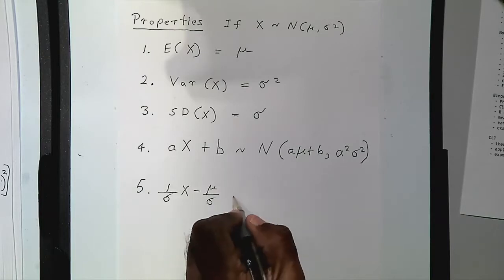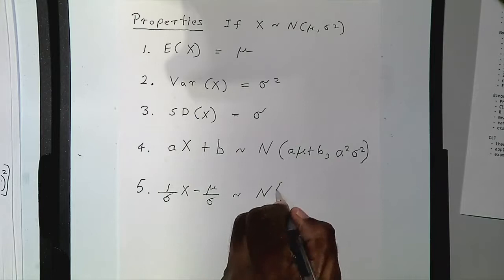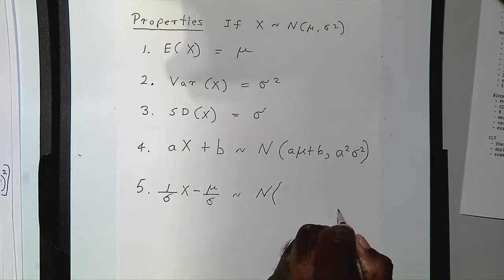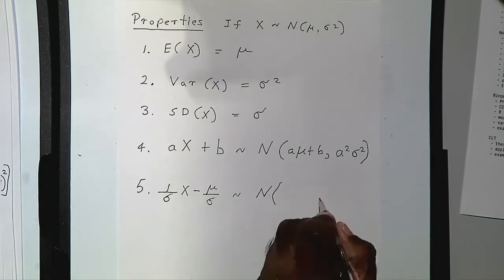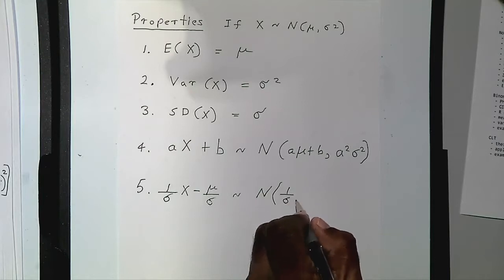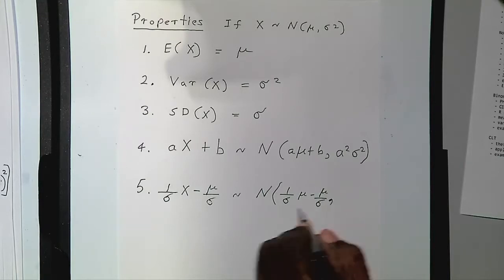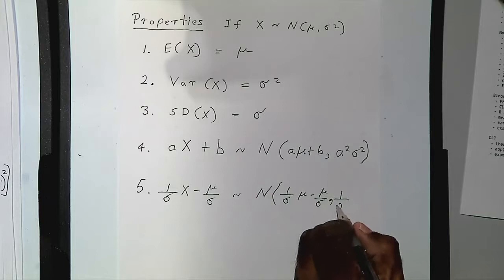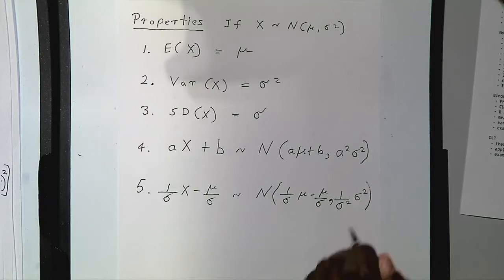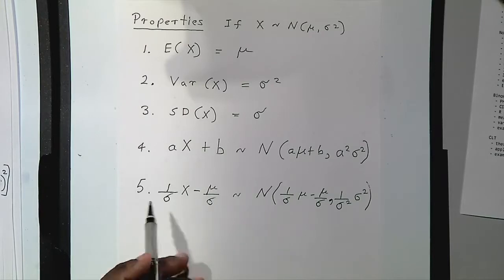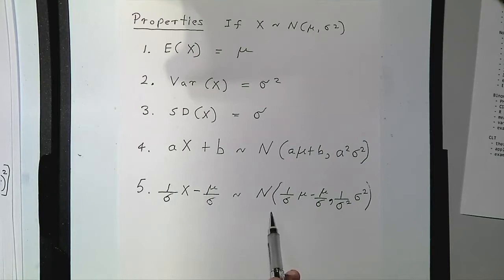Then you will have a normal distribution with mean 1 over sigma times mu minus mu over sigma, comma, variance A squared, which is 1 over sigma squared times sigma squared. You see, I'm using property 4. If you take A to be 1 over sigma, B to be minus mu over sigma, then according to this property, you will get this distribution.